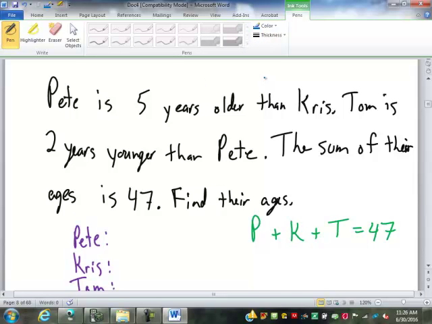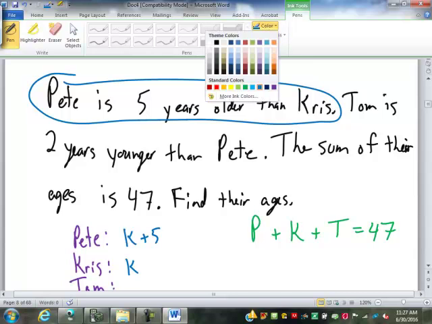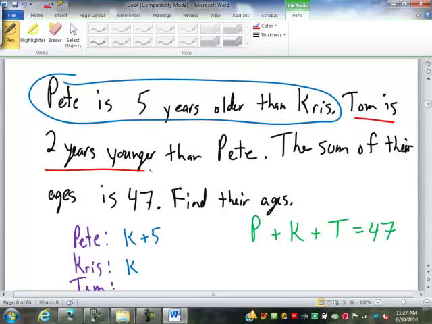So we have to look for references. Pete is 5 years older than Chris. What does that tell us? 5 plus K. Yeah, 5 plus K or K plus 5, either way we want to write it. So obviously we're going to have to leave Chris as K if Pete's going to be K plus 5 or 5 plus K. The difficulty here, though, comes with Tom. Tom is 2 years younger than Pete.